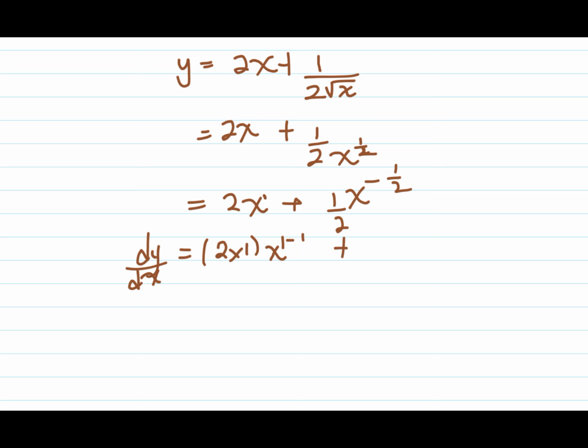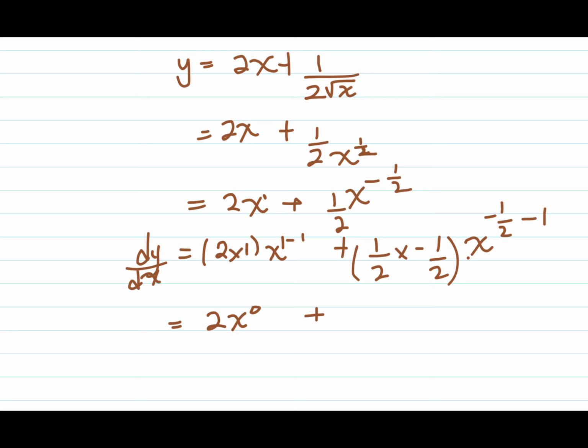Plus, we're going to have, again, 1 over 2 times negative 1 over 2, put in bracket. And then we have x to the power negative 1 over 2 minus 1. Now we'll just simplify this. We're going to have 2x to the power 0. x to the power 0 is 1, so that's just going to be 2.